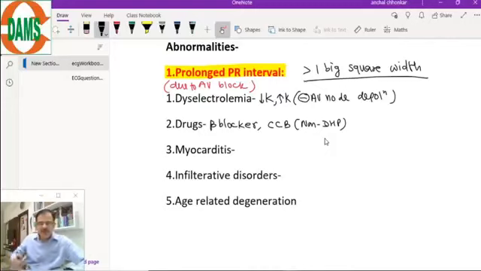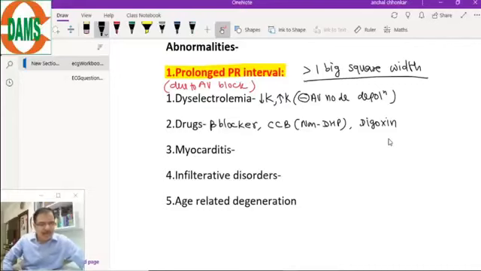Non-DHP, they will cause the AV block, as well as digoxin. Beta blockers, CCBs, and digoxin. They will cause AV block. PR interval will get prolonged.